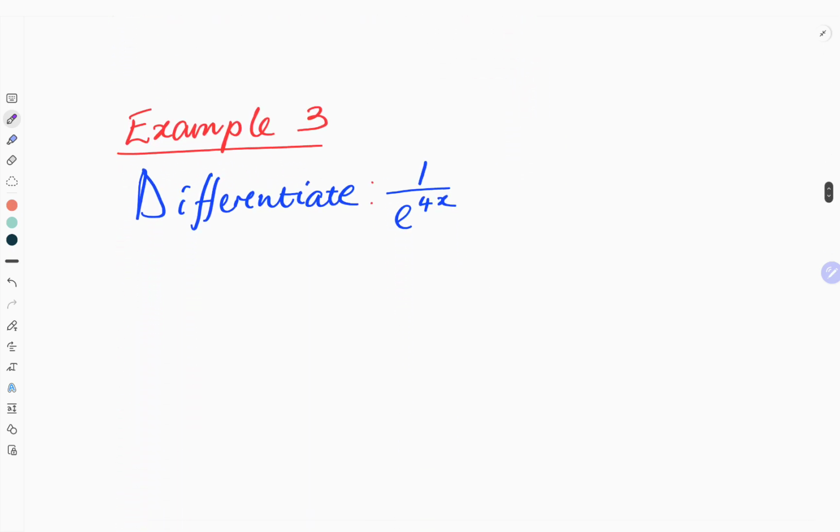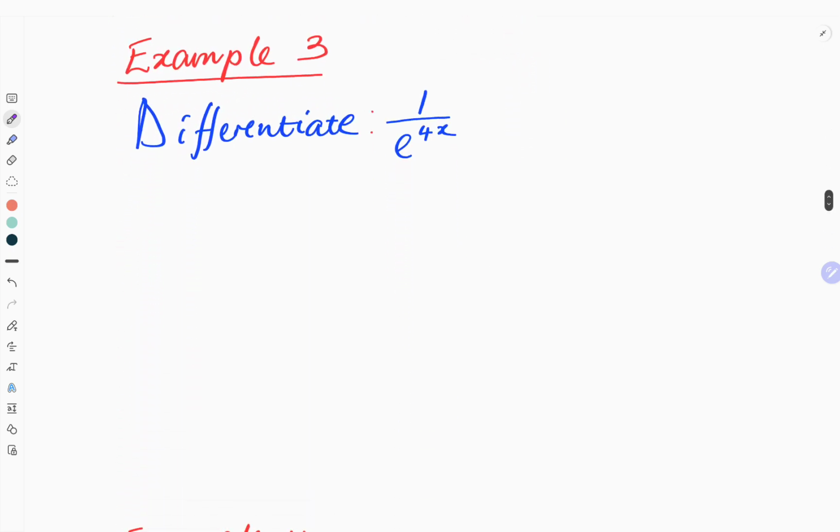Then moving on to example number 3. In this case, you have e to the power of x at the denominator. You don't want to derive when it's like that, so it's better to rewrite it applying the laws of indices, and that will be e to the power of negative 4x. Then to derive that, you find the derivative of this part.